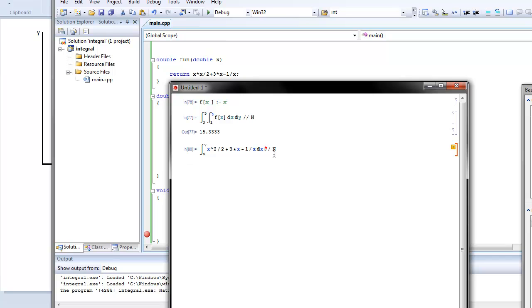I don't know where. That's definitely some kind of stupid thing I have written here. Let me try it once again. So it's 4, 7. Copy this.